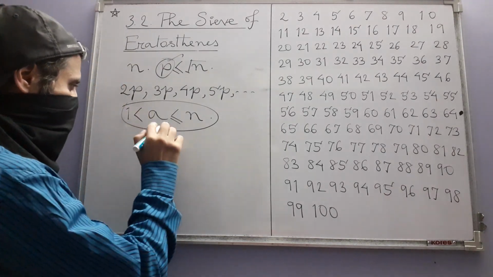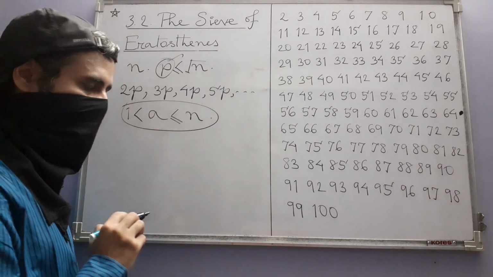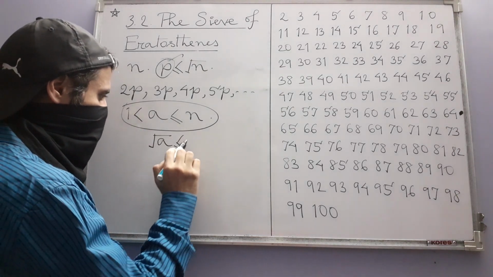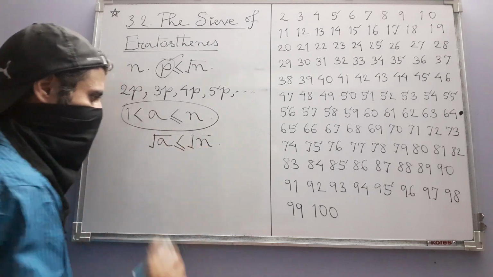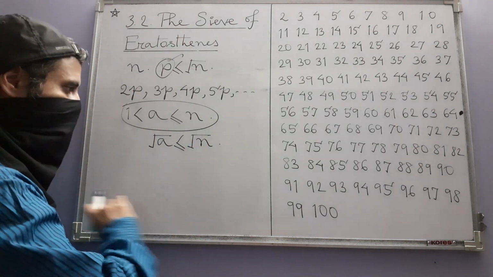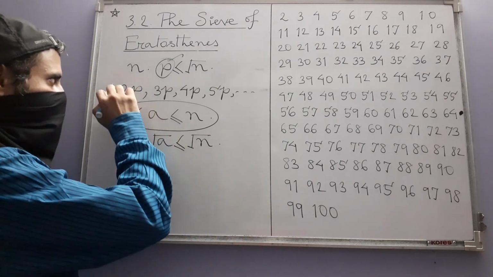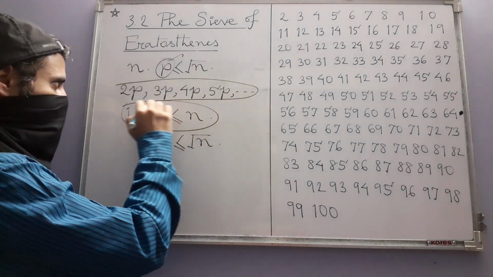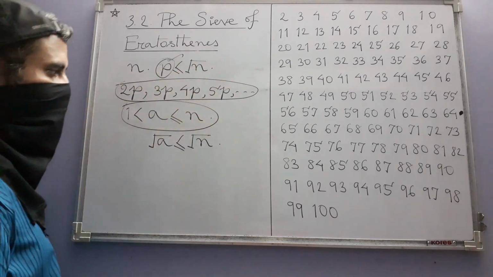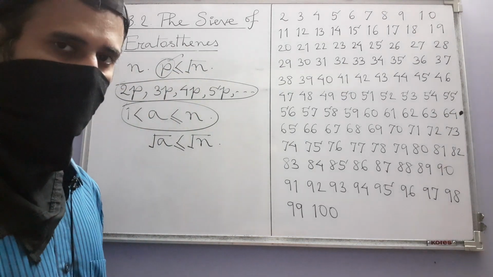You see, because a is less than or equal to n, the square root of a is less than or equal to the square root of n. So what are we doing in this process? We are weeding out, we are removing all these multiples of p, where p is any prime less than or equal to the square root of n.